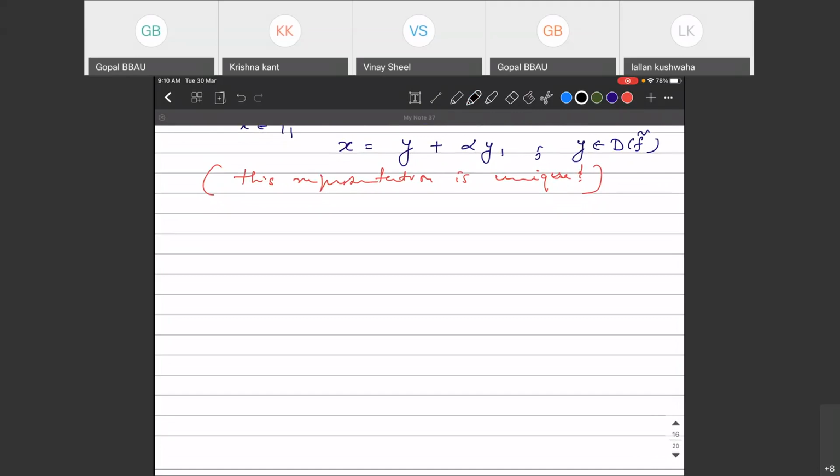So now we define another functional on Y1. Define g1 on Y1 using F tilde by g1 of y plus alpha y1 equals F tilde y plus alpha c, where we will choose c, a real constant. Define g1 by this.